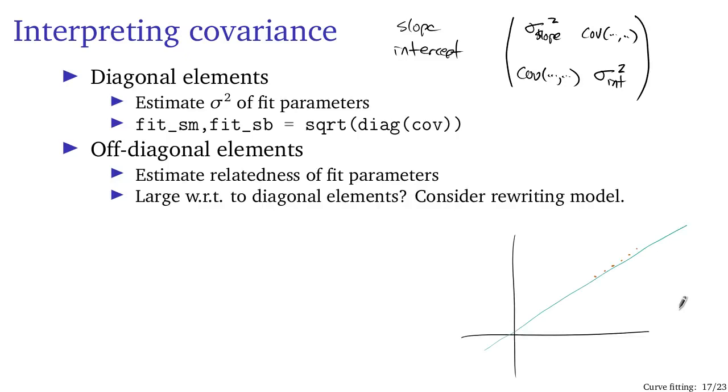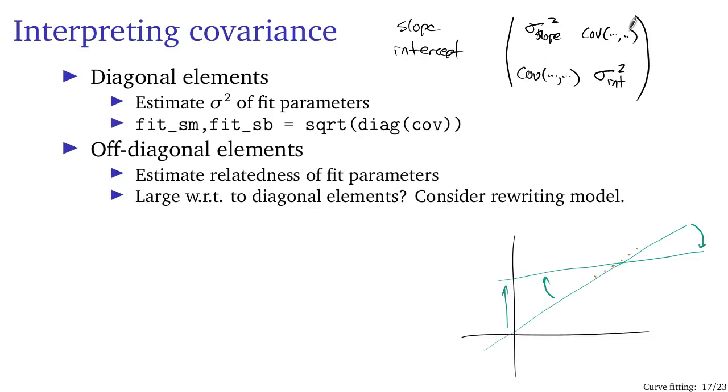But if I make the slope lower, if I make this curve flatter, I can go through the data set more or less as okay, provided I shift the intercept up. So if I bend the slope down but shift the intercept up, I can compensate for the badness of the fit, at least partially. That would give me a covariance here that was non-zero.